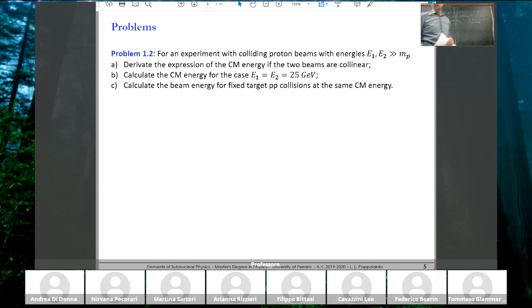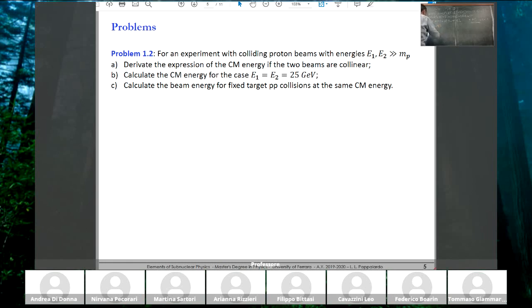Now we remember from the text that it is an ultra-relativistic collision, where the mass of the particle, which is a proton in this case, so the two are the same and are also the proton mass, is much smaller than the energy in the center of mass. So, let's write this for the protons.